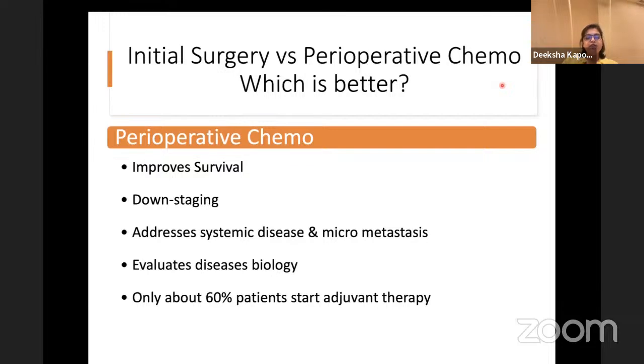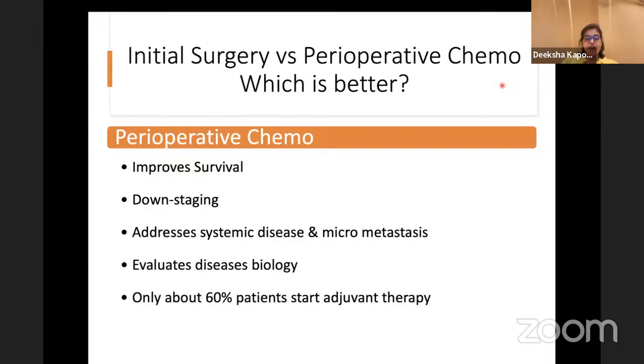It has a role in evaluating disease biology and the sensitivity of the chemo agents which are being used. So basically, if the tumor is not responding, it gives us the chance of changing the therapy into a second-line therapy, either in the preoperative setting or after surgery, which is not possible if you have not given the patient chemotherapy in the pre-op.